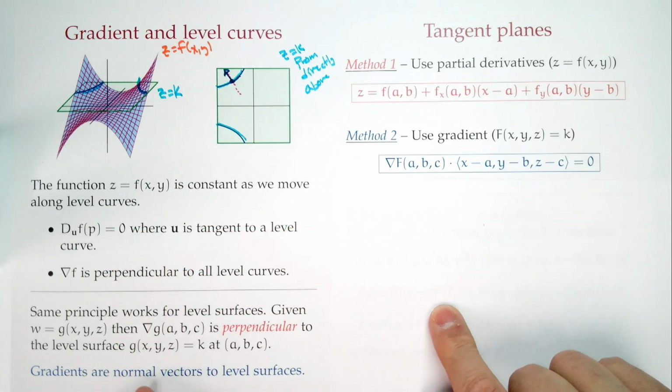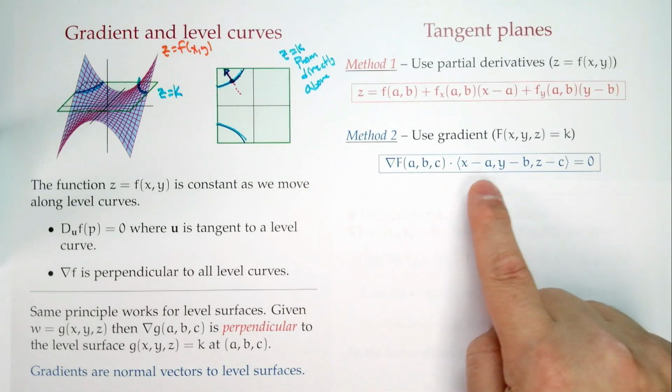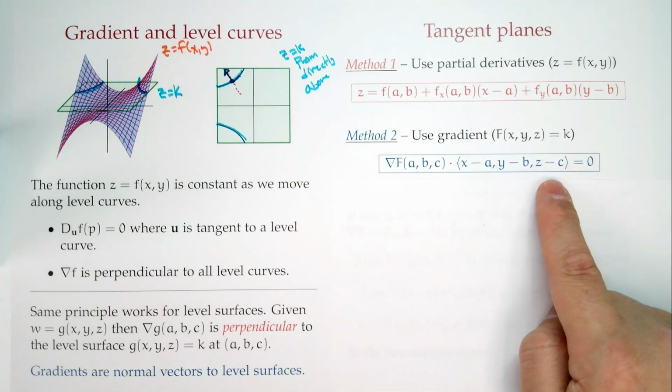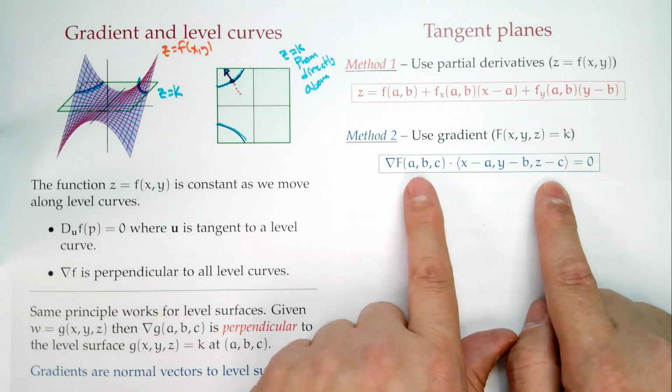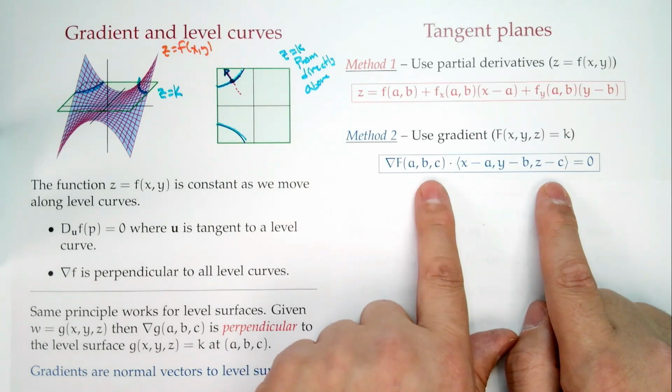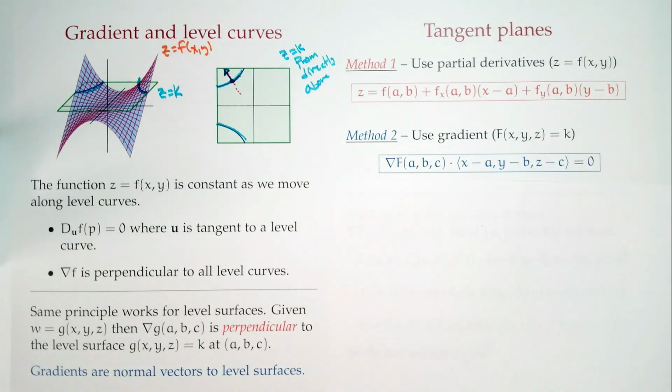And so the normal vector is the gradient. So the gradient dot x minus a, y minus b, z minus c. In some sense, this makes sense. The gradient is talking about our changes with respect to x, y, and z, and it all works out.